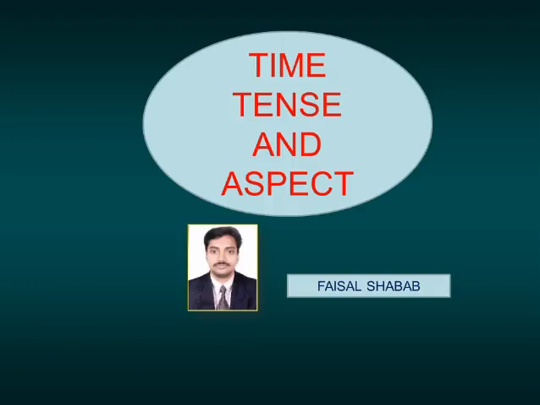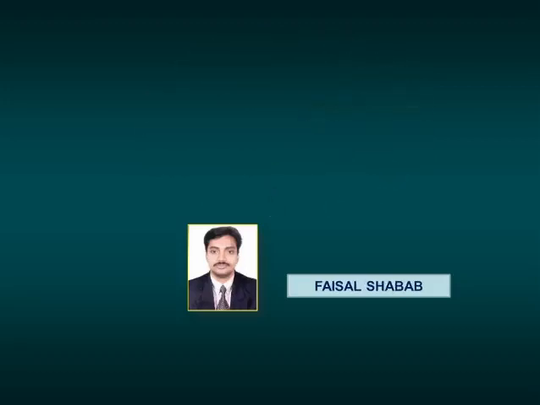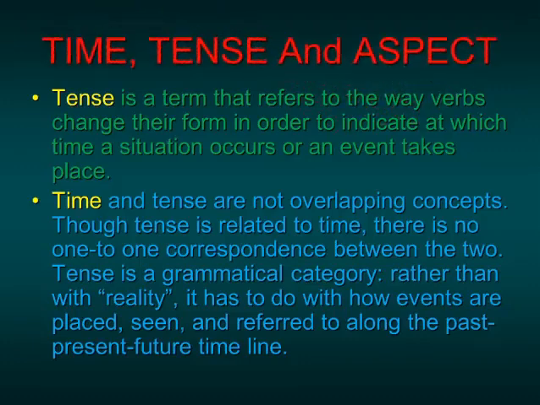How can we do it? Let's try. Look at the next slides and you can see how these three things are correlated: time, tense and aspect. Tense is a term that refers to the way verbs change their form in order to indicate at which time a situation occurs or an event takes place.